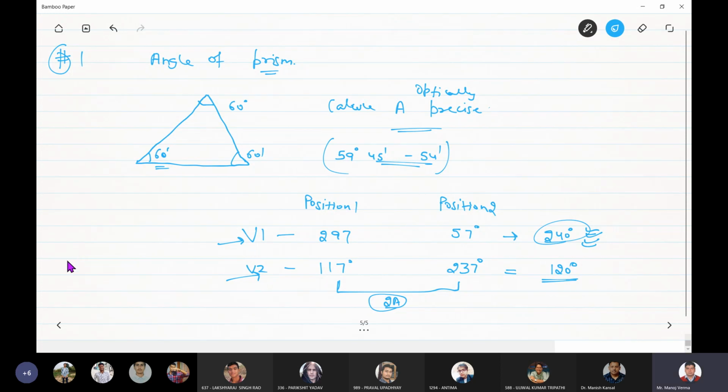See, in circular scales, suppose this is 0, this is 60, this is 120, 180, 240, 300, and 360 will also be here, right?